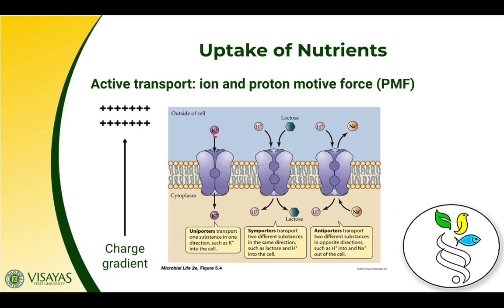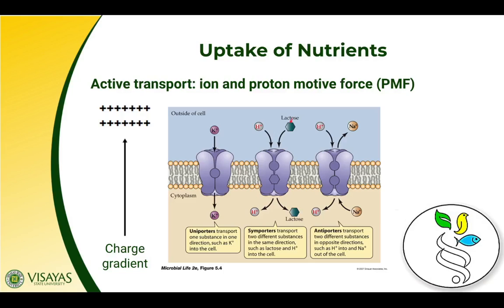Okay. So these uniporters transport one substance in one direction, such as protons. A symporter, on the other hand, transports two different substances in the same direction, such as lactose. And an antiporter transports two different substances in opposite directions.